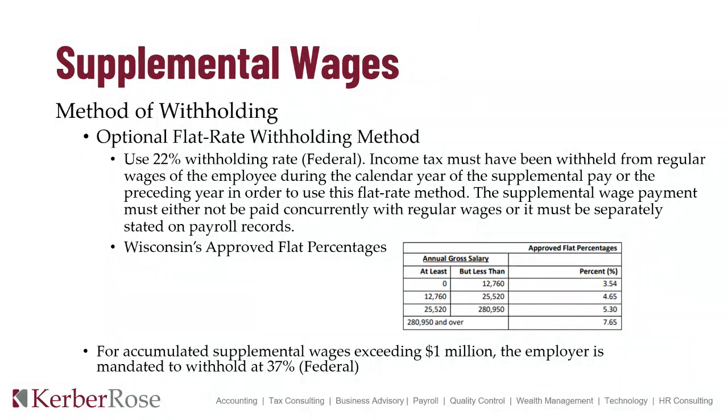The supplemental wage payment in this must not be paid concurrently with regular wages, or it must be separately stated on payroll records. So basically a separate payroll check or a separate payroll run. To note, for accumulated supplemental wages exceeding 1 million, the employer is mandated to withhold 37% rather than the 22%.